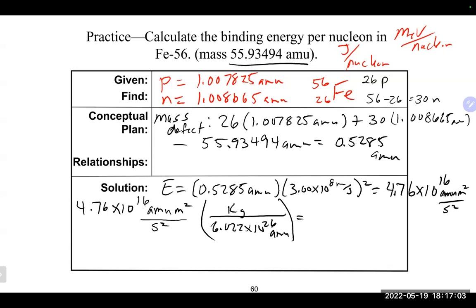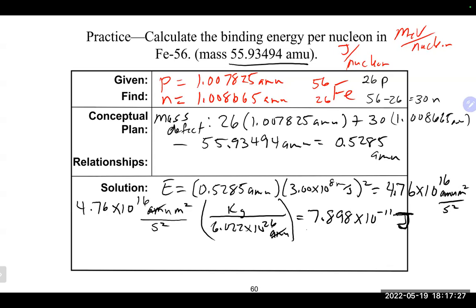Kilogram. And if we do that, 6.022 to the 26, that gets us basically 7.898 times 10 to the minus 11. And that becomes joules because we are left with kilograms meters squared per second squared, which is the same thing as a joule at this point.